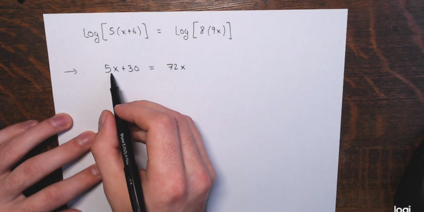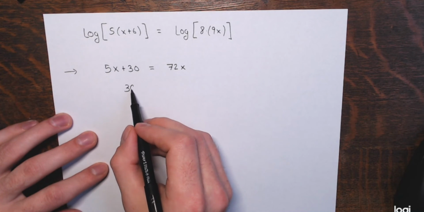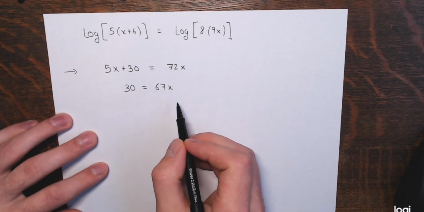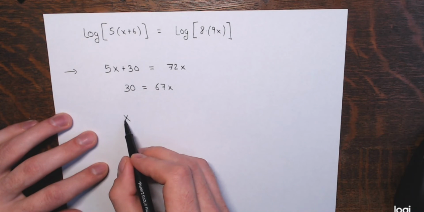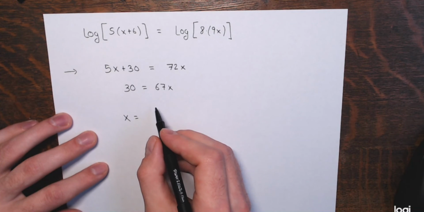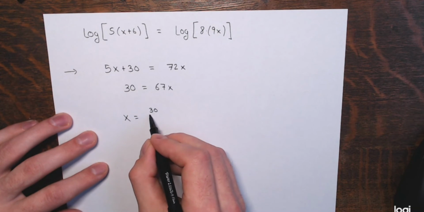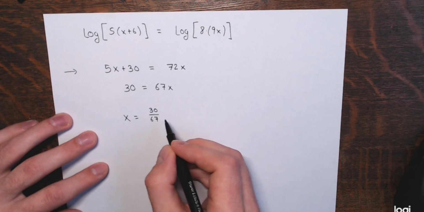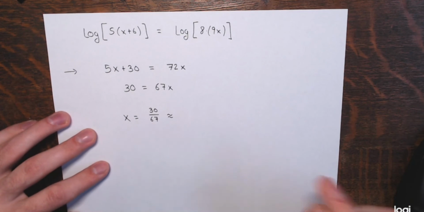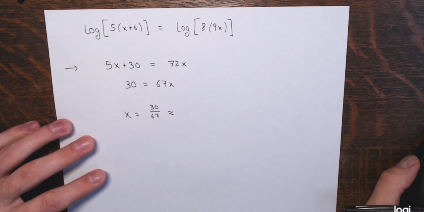Subtract 5x, we have 30 equals 67x, and then divide by 67, x is 30 67ths. And then I'll punch this in. Now this one's not as easy to get to be over 100 like I had before, or over 10.